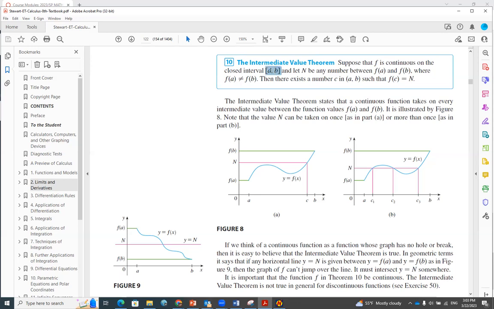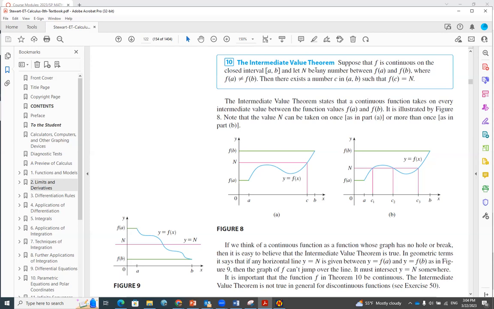Writing the word closed emphasizes that the condition is important. So first, f is continuous on a closed interval.